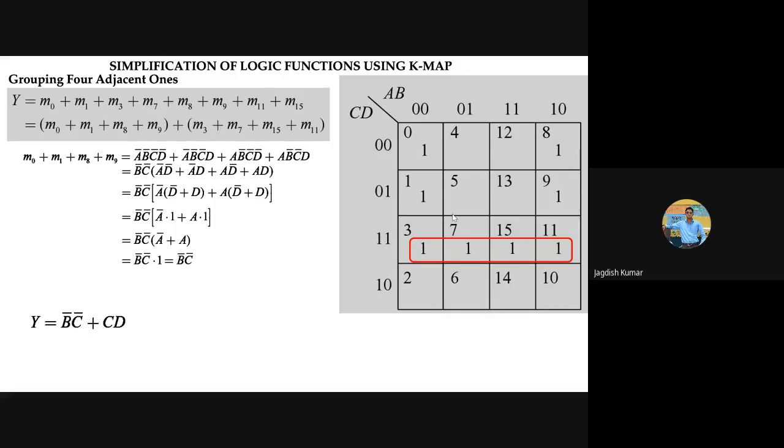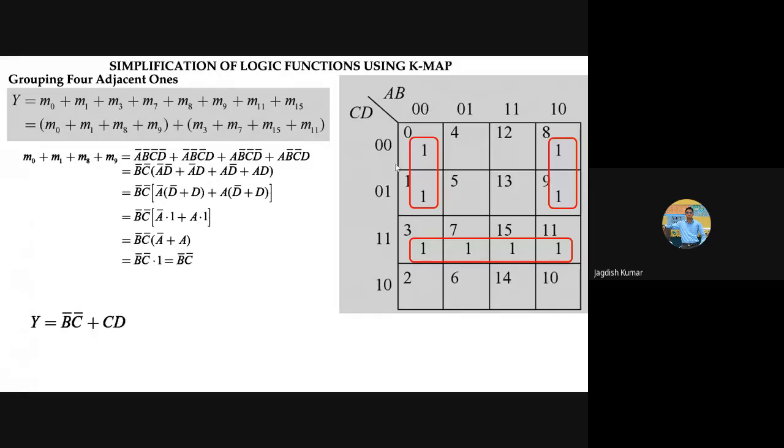Similarly, there is another quad. Here you will notice that this is C complement, this is C complement, and D is changing. So one term will be C complement. Here A is changing, from A complement to A, and that doesn't make any change, so what we retain is B complement.